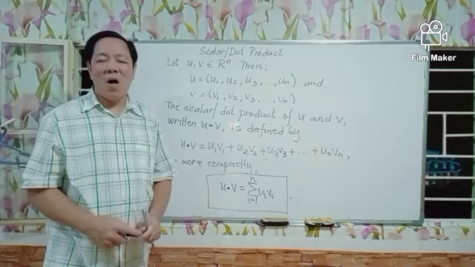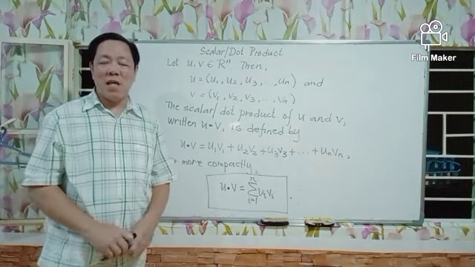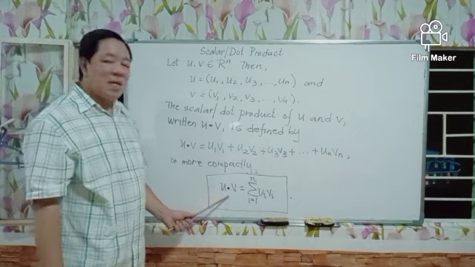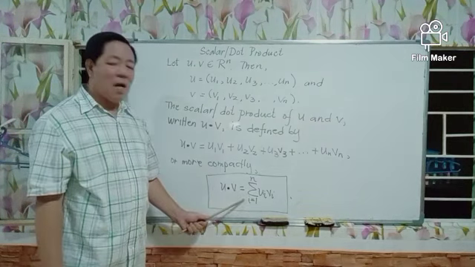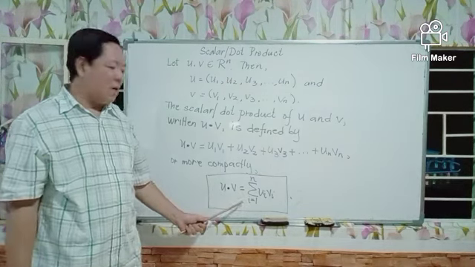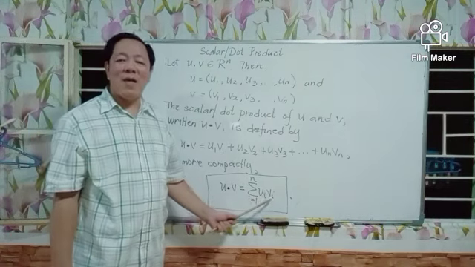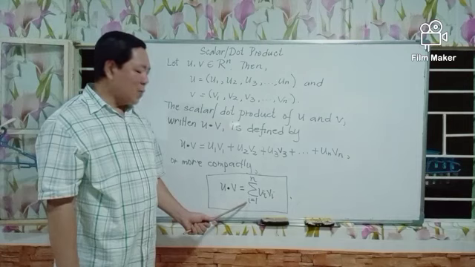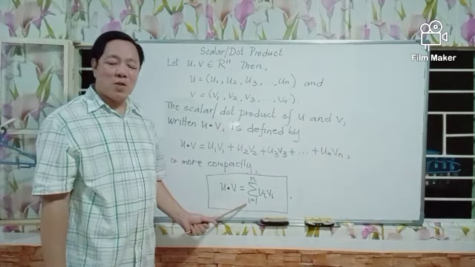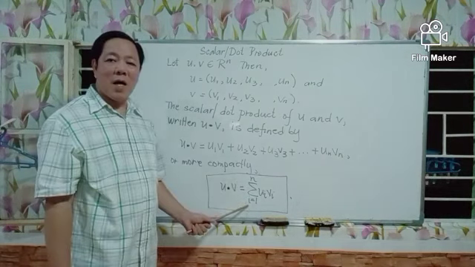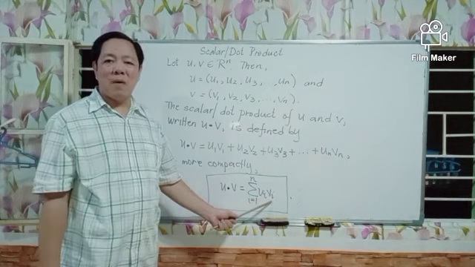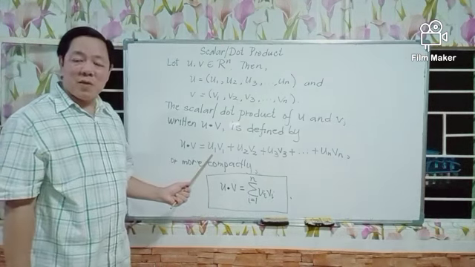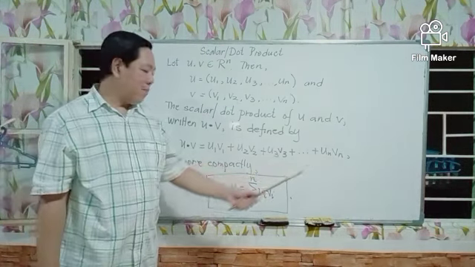The dot product of the two vectors u and v, denoted by u dot v in compact notation, can be written as the summation of the products u sub i and v sub i for i from 1 to n. If you expand this sigma notation for i from 1 to n, if i is 1, you get u1 multiplied by v1, which gives the first term of this sum.